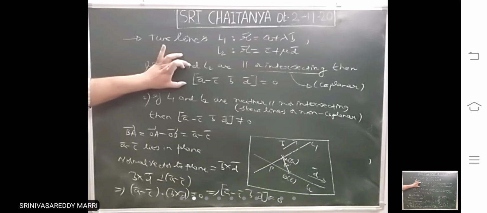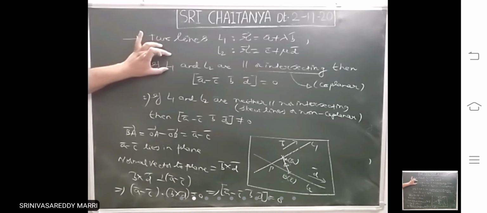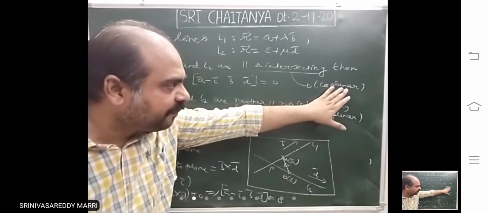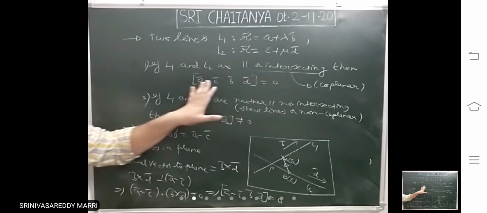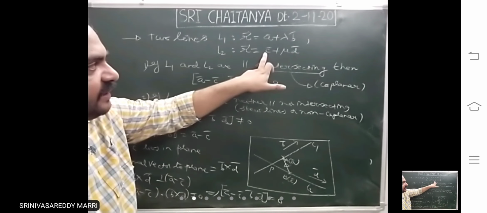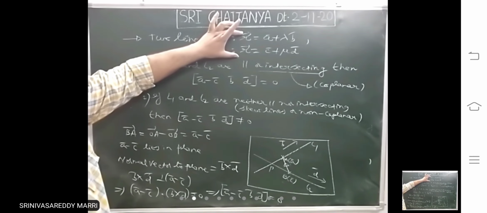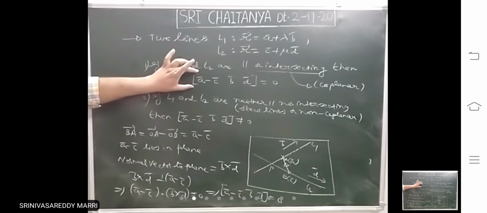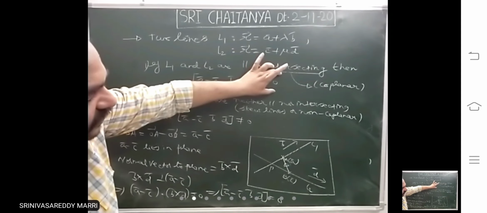This is the one. If lines are either parallel or intersecting, that means coplanar lines. Then the condition is box of A bar minus C bar, B bar, D bar. This A bar, B bar, C bar, D bar we will find out from the given lines and then write scalar triple product equal to 0.